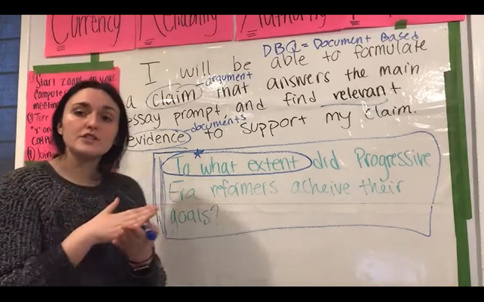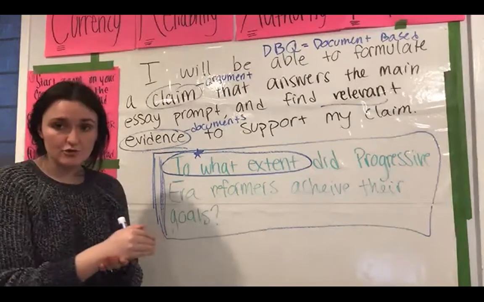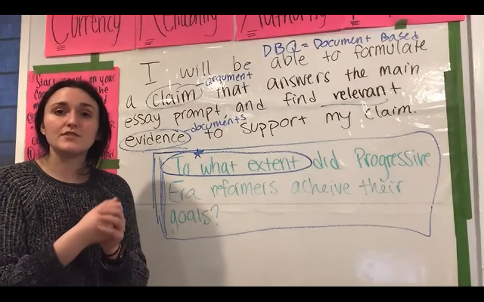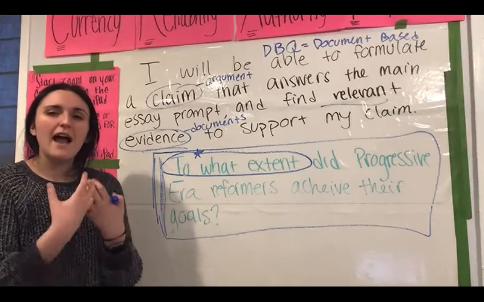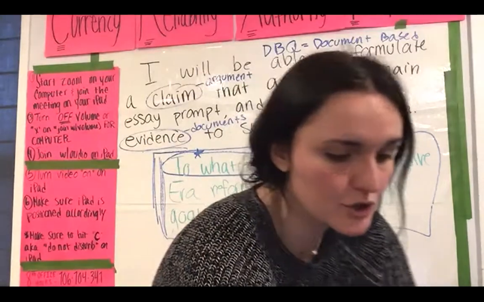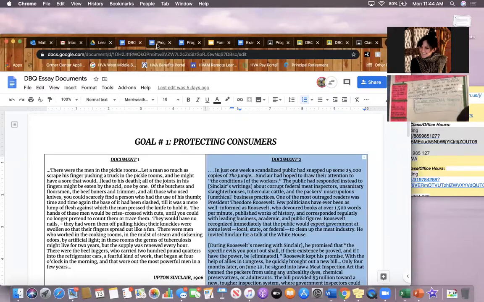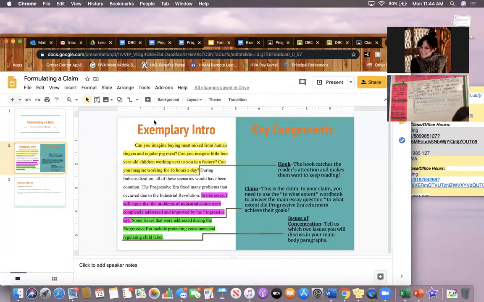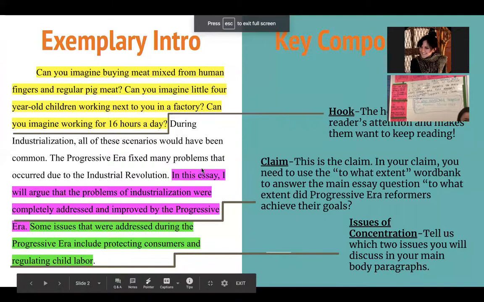So what we're going to do in the rest of this video is I'm going to take you through an exemplary introduction, show you an example claim, and also give you some sentence starters for how to begin your claim if you're struggling to figure out how do I start to answer this question. So right now I'm going to screen share, and what I'm sharing right now is an exemplary introduction.